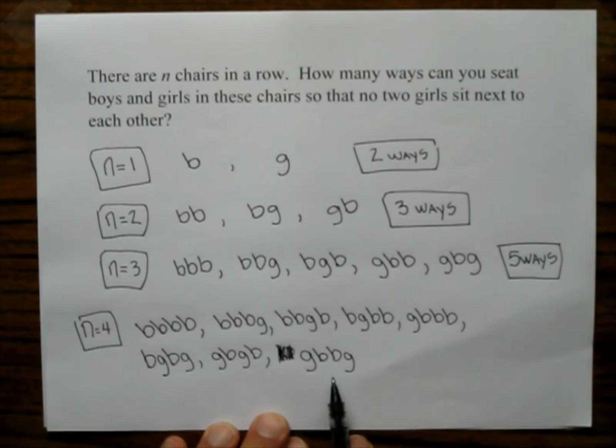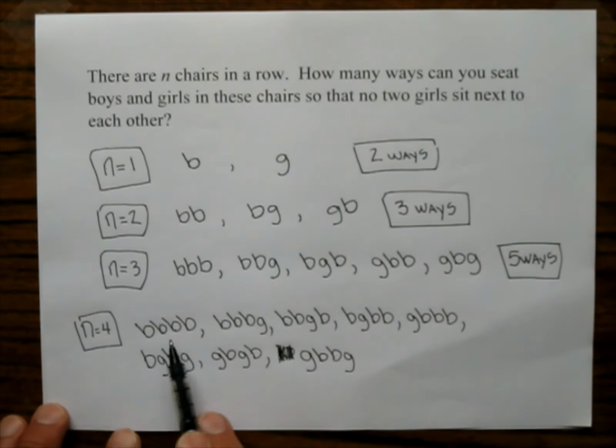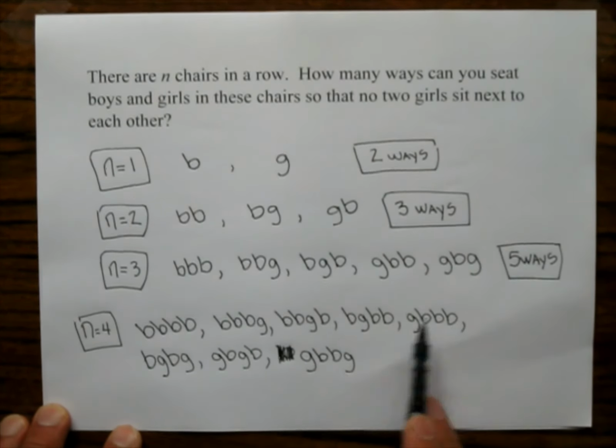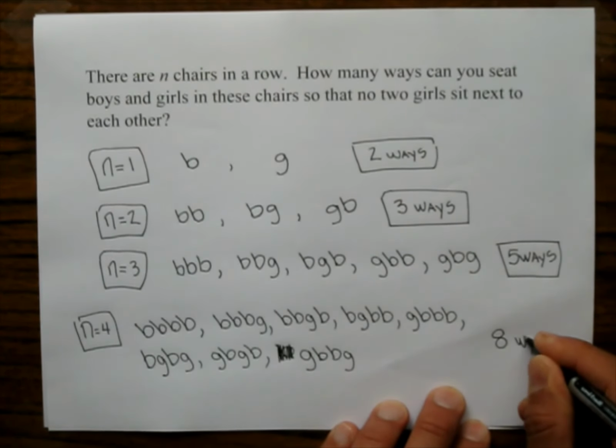I don't think there's any other way you can have 2 boys and sit these people so no 2 girls sit next to each other. 3 girls, there's no way you can do that with this rule here, and 4 girls, no. So let's count this. 1, 2, 3, 4, 5, 6, 7, 8. 8 ways.